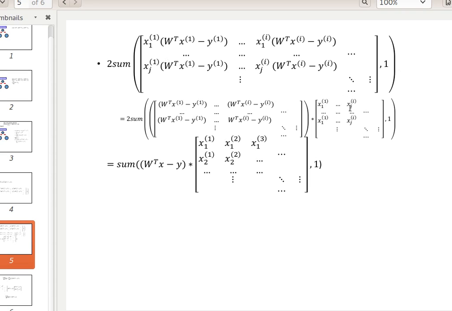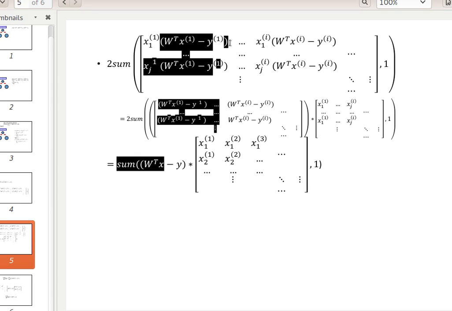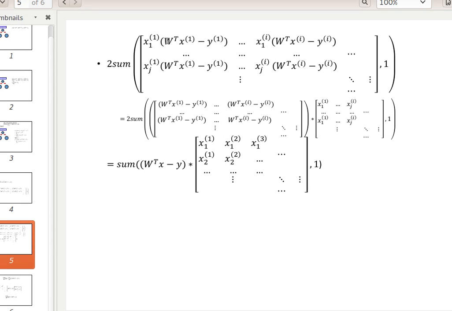This is not going to be matrix multiplication, it's just going to be one matrix times another matrix. And one matrix is going to be just those terms. And those terms, you'll notice, are the same along columns. So this is the same term for the first column, the same term for the ith column.